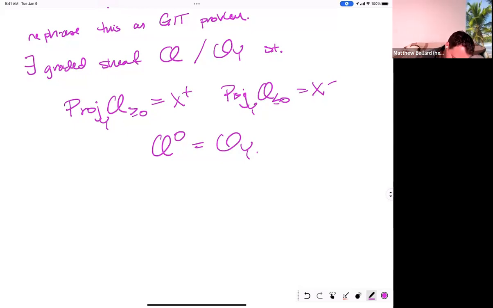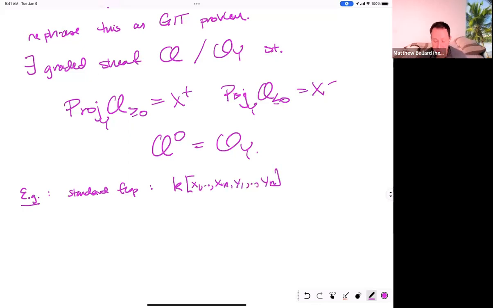In our examples, this standard Atiyah flop is just specified by taking polynomials in 2n variables, assigning weight 1 to the first n and weight -1 to the next n.